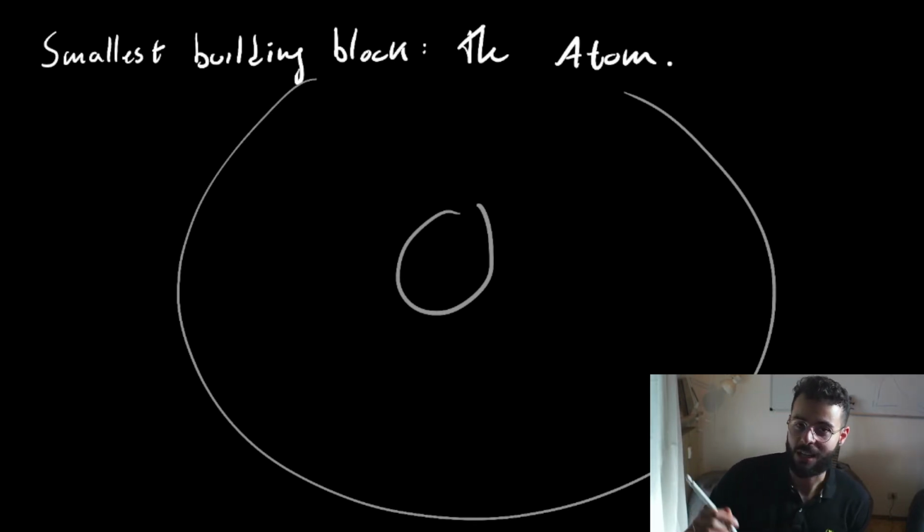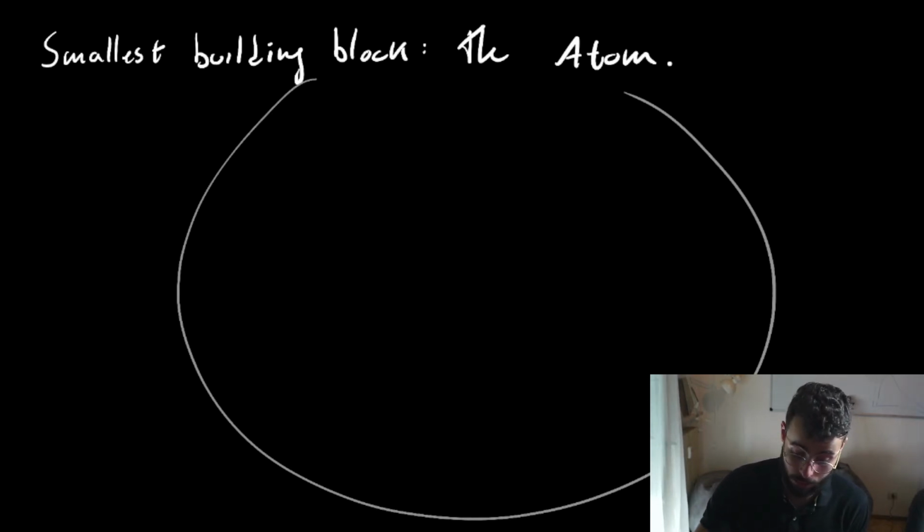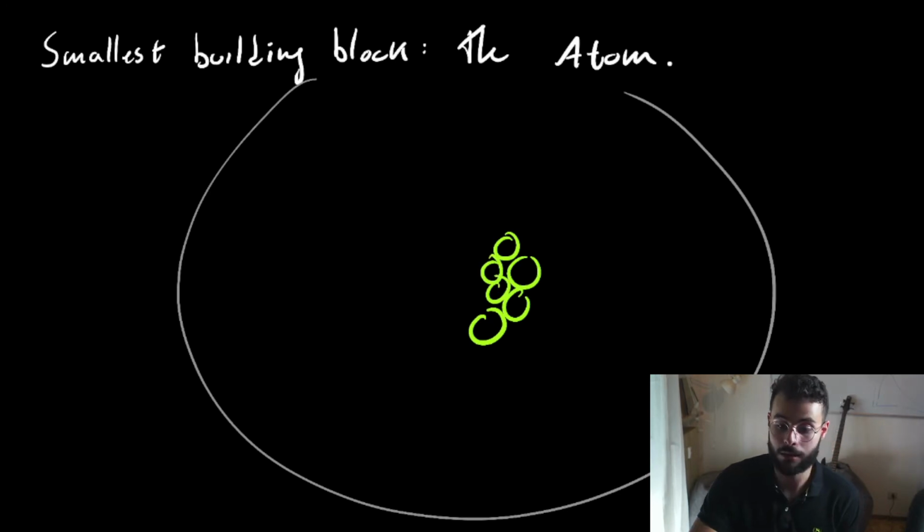So what is the core of the atom made out of? What we know is that the core of the atom is made out of two very important particles. One is the protons. The protons are positively charged particles, and the number of protons will represent the element we are talking about.